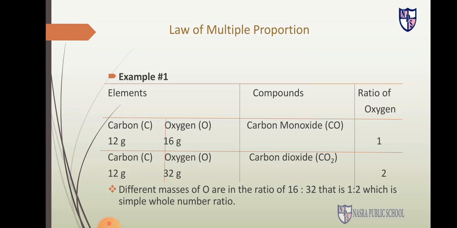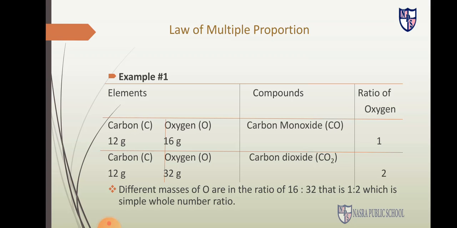Just by dividing these masses by 16. So 16 ones are 16 and 16 twos are 32. So the ratio of oxygen in these two compounds would be 1:2, which is a simple small whole number ratio. If it had been 5:9, it wouldn't be a small whole number ratio. But here it is 1:2, which is a whole number ratio.